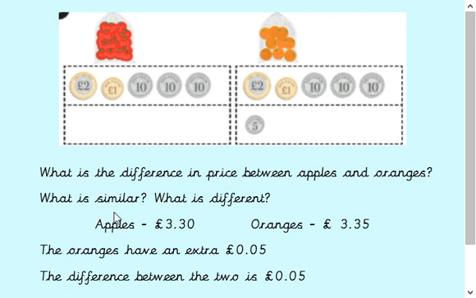This means that the apples will be costing £3.30 while the oranges will cost £3.35. This means that the difference between the two is 5 pence. And if I want to write that, I would write it as 0.05, 5/100ths of a pound.